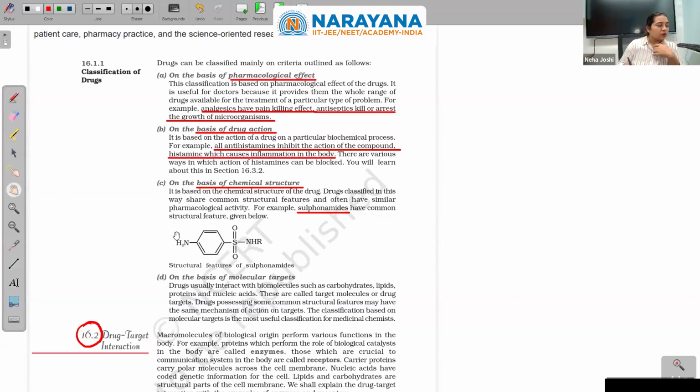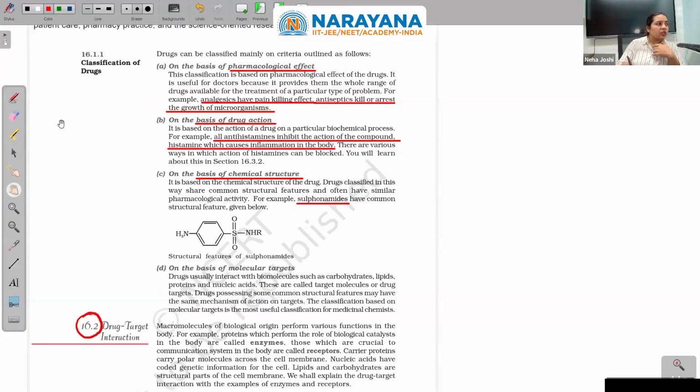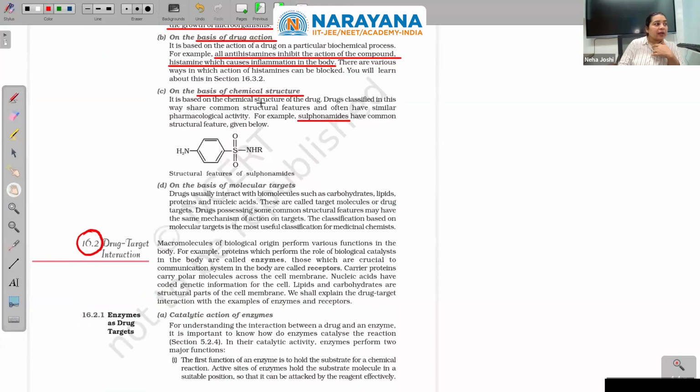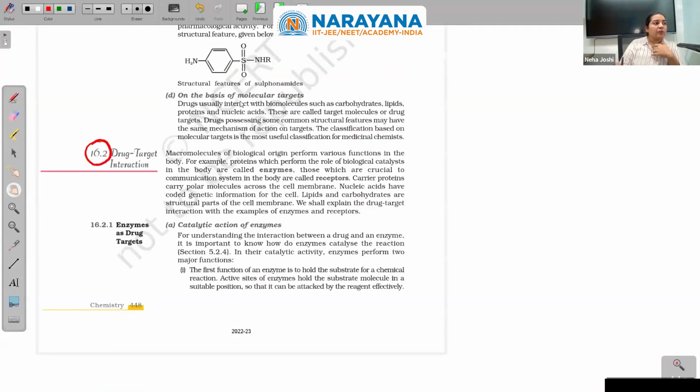Fourth, on the basis of molecular targets, that is, where they will impact, what type of places they will impact. For example, we just saw that something is attacking histamine. Drugs usually interact with biomolecules such as carbohydrates, lipids, proteins, nucleic acids. These are called target molecules or drug targets.